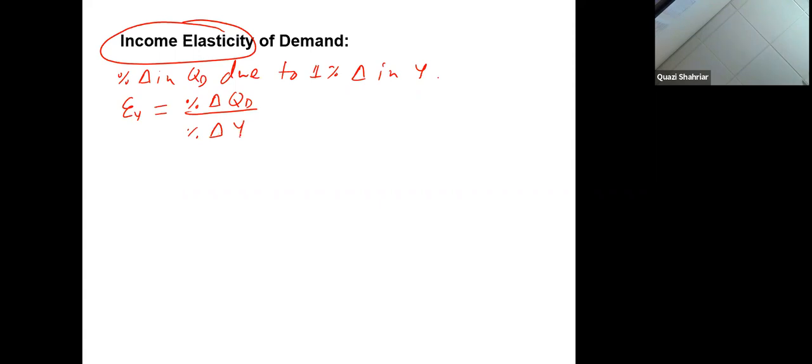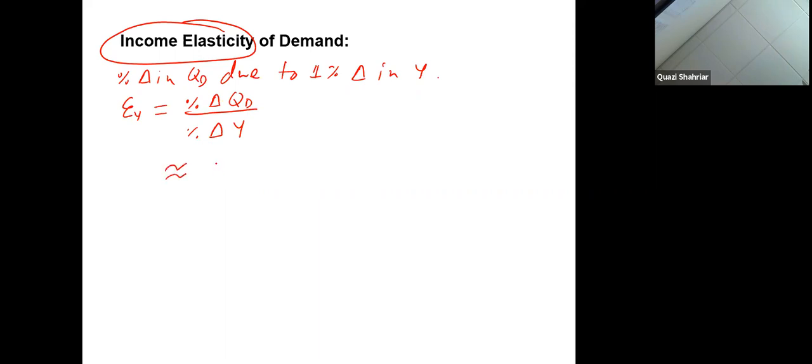If you compare this formula to the one that we used for price elasticity of demand, the only difference is that now we have income here, so Y instead of P, the price. In the same way like we did for price elasticity of demand, we can express this basic formula in terms of differentiation.